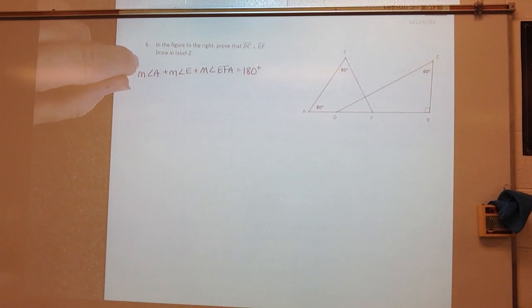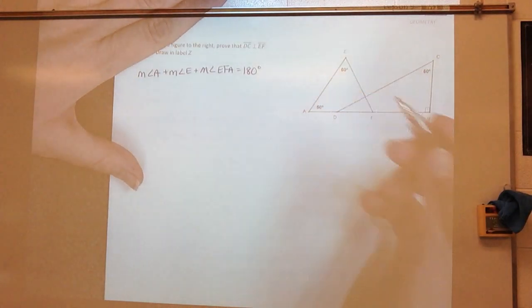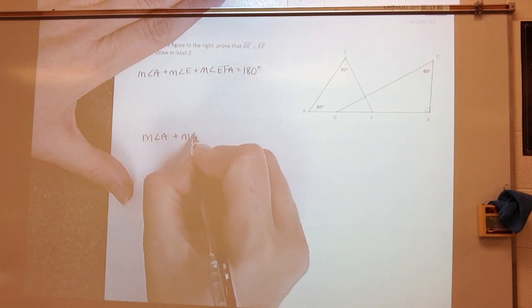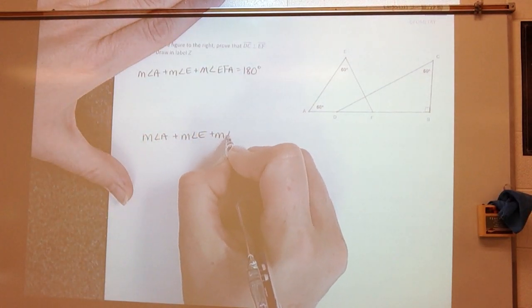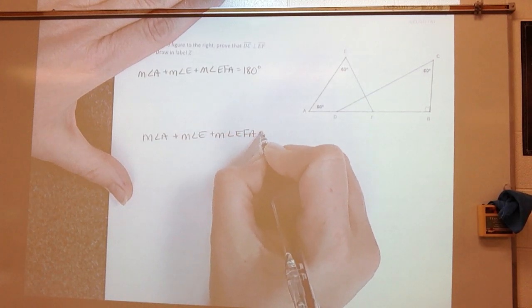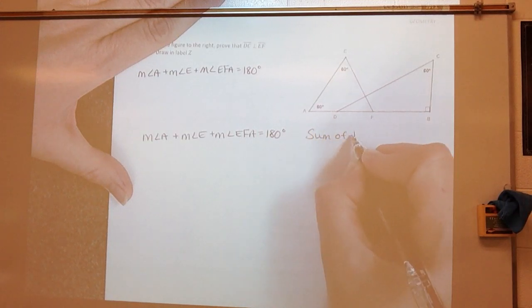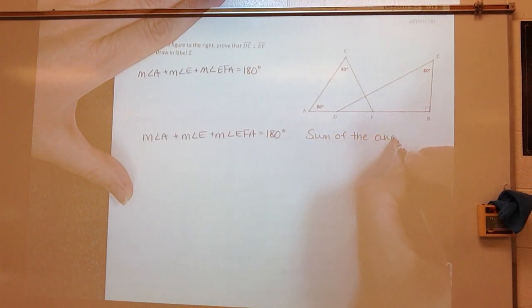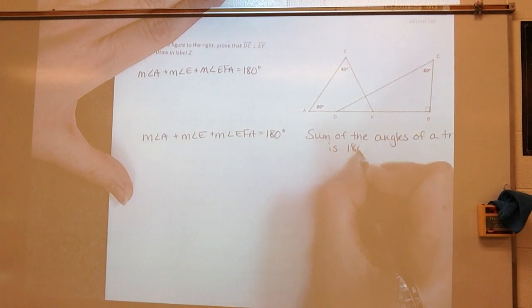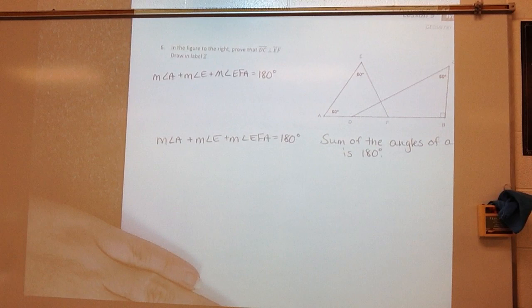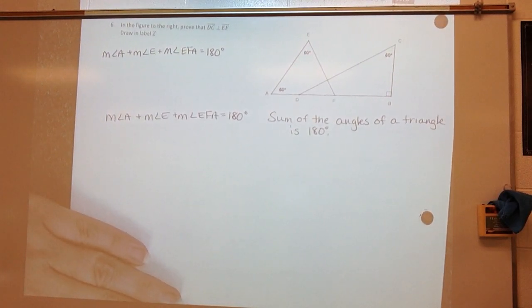How do I know that? The sum of the measures in a triangle is 180 degrees. I'm going to come down here so I have a little bit more room. So I know that the sum of the angles of a triangle is 180 degrees.